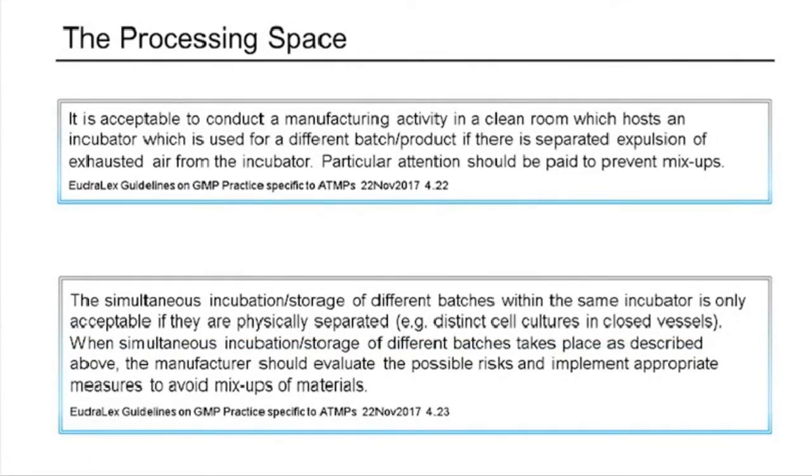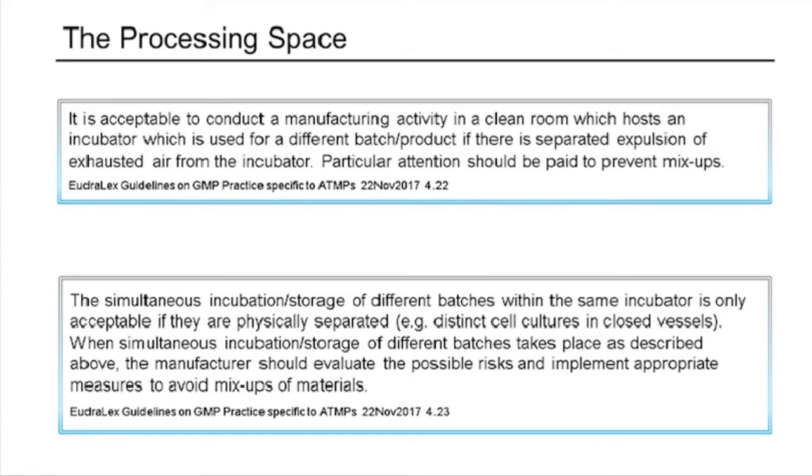And then to further emphasize your ability to do multi-product, what other kind of operations are acceptable? It is acceptable to conduct a manufacturing activity in a clean room which hosts an incubator which is used for a different batch or product if there is separated expulsion of exhausted air from the incubator.